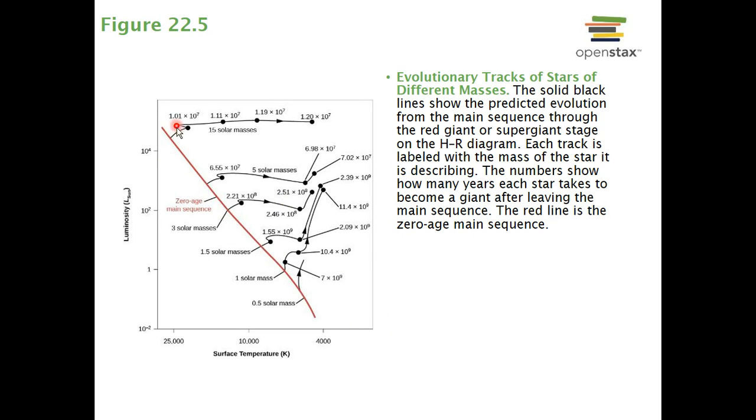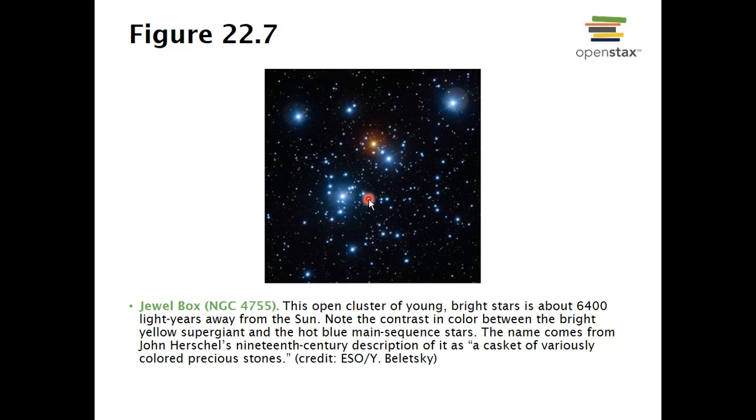No matter what the mass is, the same sort of trend happens. You get the same sort of increase in luminosity and decrease in temperature, which is you're turning red. Right. And we see this in this image of a cluster, a red star that's a red giant amongst a bunch of bluer stars.